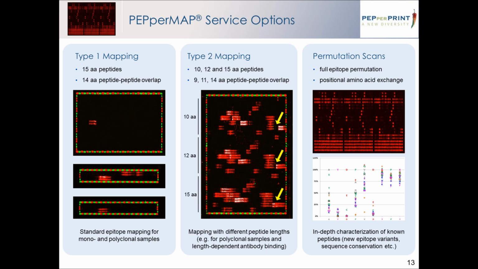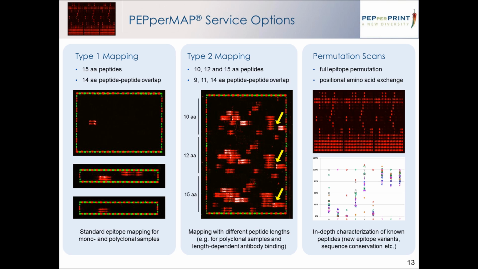Here you can see the result of a monoclonal sample and a polyclonal sample. And when the epitopes are very close to each other, for example here, a type 2 mapping is helpful to distinguish them. The type 2 epitope mapping includes 3 different peptide lengths with their respective maximum peptide overlap.